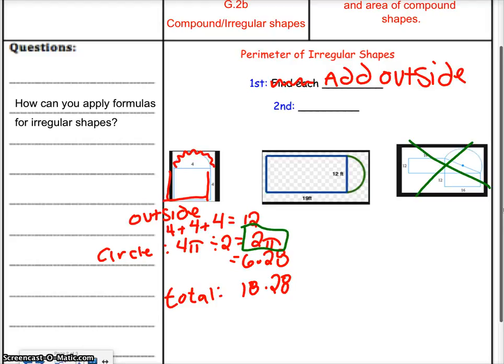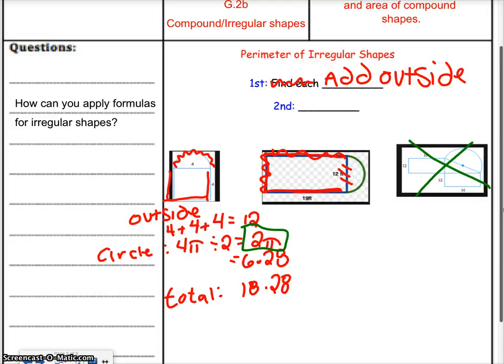Okay, so first thing I do is find my normal circumference. So I'm going to add around this, well, I'm not adding around that rectangle, only the outside of that rectangle. So this, and this, and this. And then I deal with my circle last. Because this bar in here, this is not circumference or perimeter.